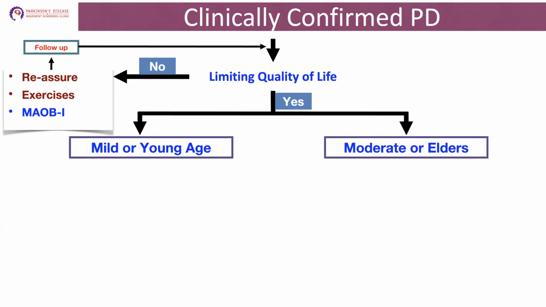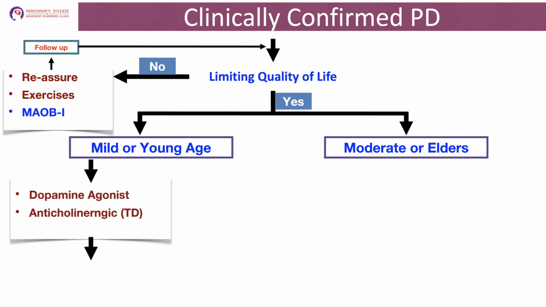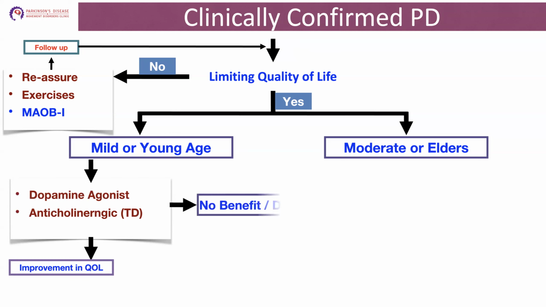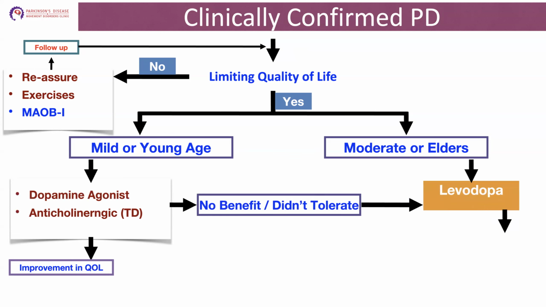Good exercises should suffice. However, if the symptoms are limiting, then based upon their age or severity, you can decide. For mild symptoms or younger age, you can consider dopamine agonists or anticholinergics for improvement in quality of life. If that does not help or they don't tolerate the medications, or for people who have moderate symptoms or are elderly, the gold standard levodopa will kick in.